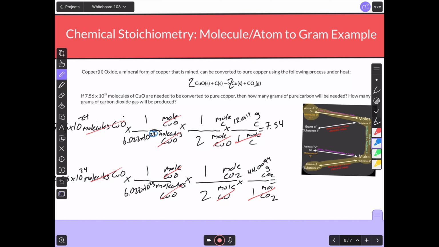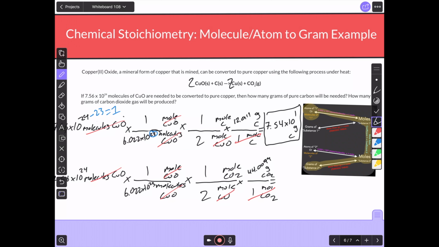We have a 23 here, so it's 24 minus 23, which equals 1. So that's times 10 to the 1. And we don't need to move the decimal since it is in the right position, and that is grams of carbon. So that's how many grams of carbon we have.